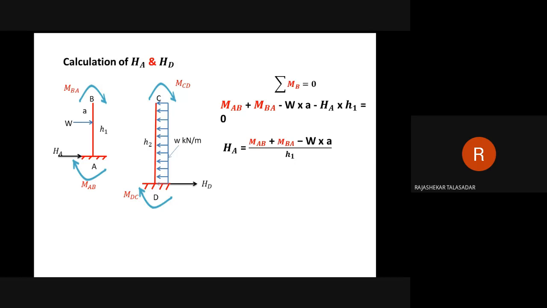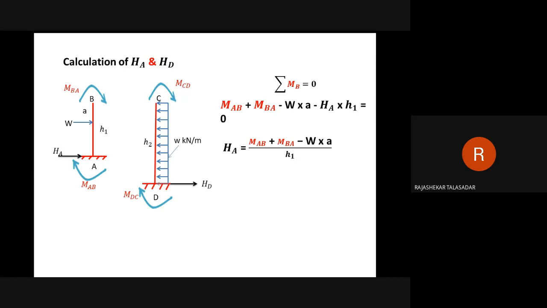Yes, sir. Okay. Now similarly you have to calculate HD. To calculate HD, what do you need to do? Taking moment about C, you have to write sigma MC equals to 0. Fine. Can you tell me the equation now?